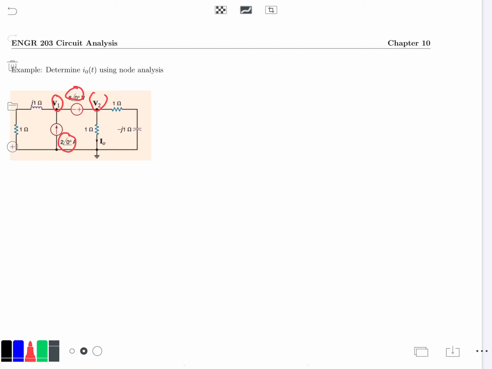And notice how they never gave us the omega anywhere in this problem, which means we are not going to know what omega is, and we're going to have to just write omega in our answer as something we don't know. Regardless, we can do this here. So if I look at node 1 here, I would have V1 minus 0 over this 1 plus j down there in the first part.